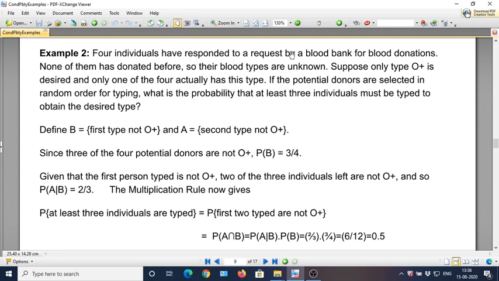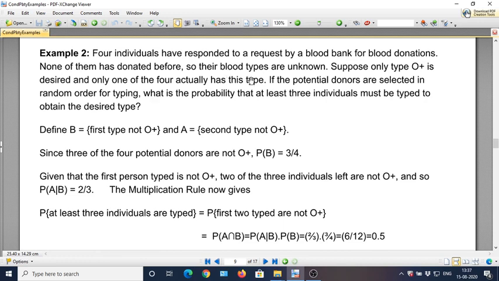They all go to a blood bank for donating their blood. None of them know their blood type, but the only thing that has been recorded is that only one out of those 4 individuals has the blood type O positive, and that is the one which is desired for a patient at that time point.